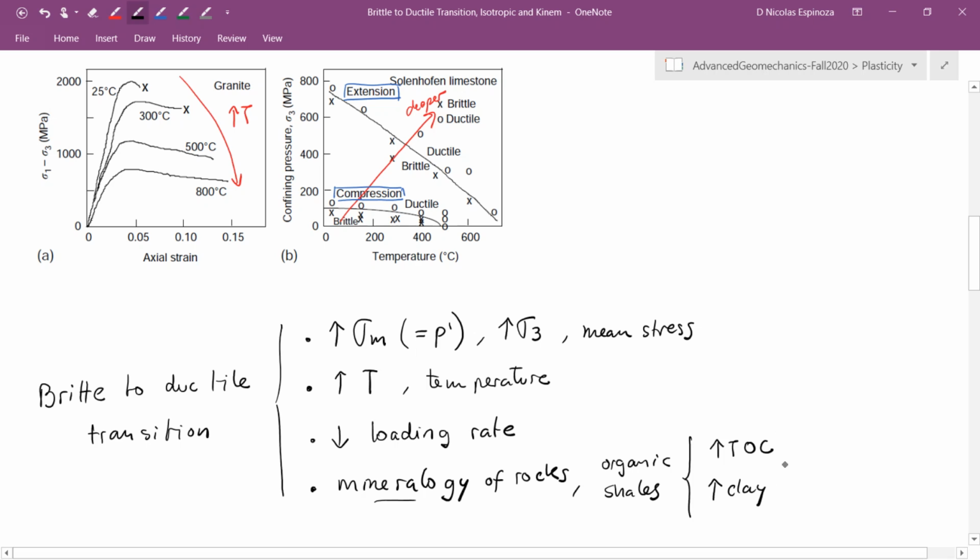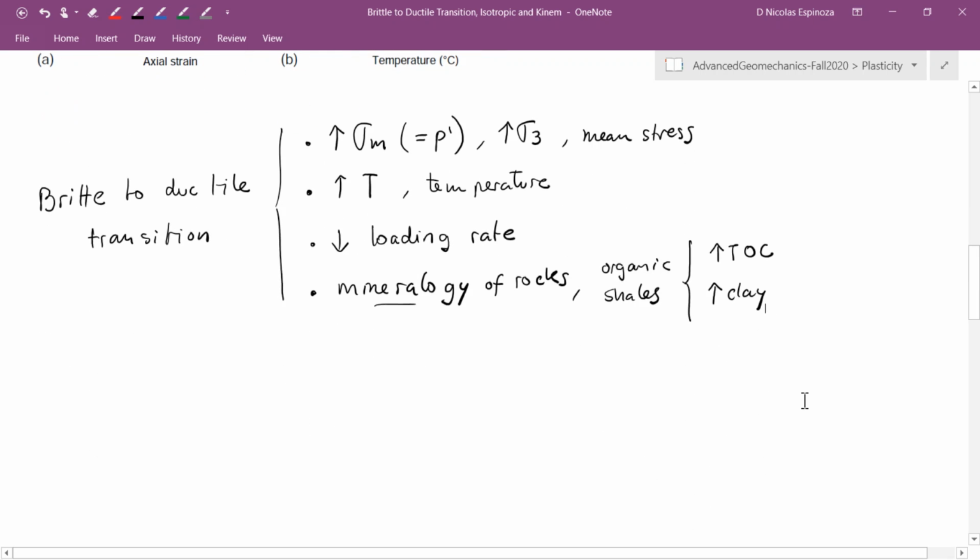These two types of components, organic matter and clay, tend to have a more ductile behavior than, for example, quartz or carbonates. That's why, for example, a dolomite tends to be a very brittle rock, or a tight sandstone made just out of quartz also tends to be brittle. But a shale with high organic content and high amount of clay would tend to have a more ductile failure than a rock with a much lower component of these two.